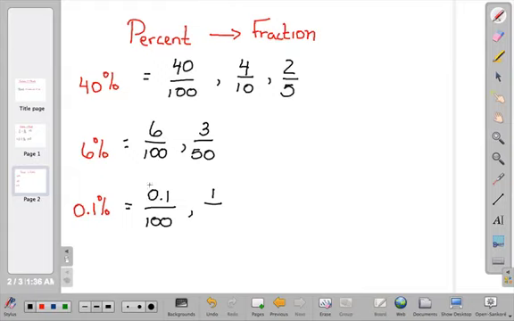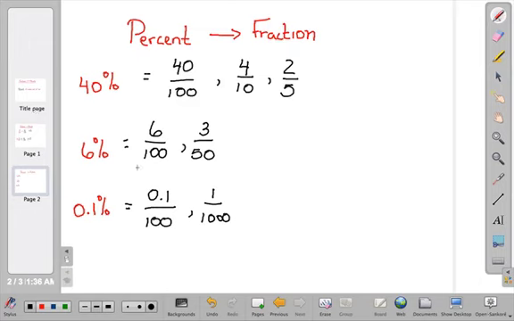So if I multiply the numerator by 10 to move the decimal point over once, I also have to multiply the 100 by 10, and that means I would end up putting an extra 0 here because 100 times 10 is 1,000. So that means 0.1% is equal to 1 over 1,000.